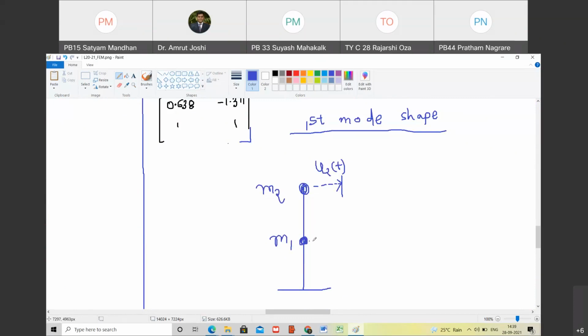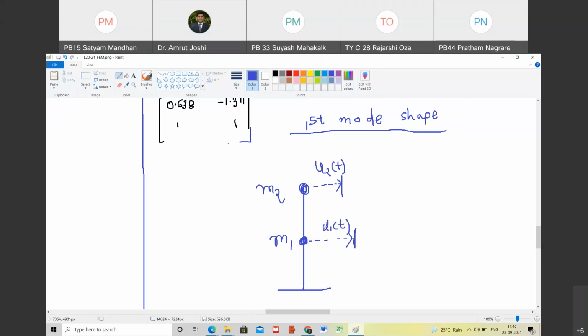Happy? Yes, sir. And u1 of t. Not necessary that u1 of t and u2 of t at a given instant of time will always be towards right. No. One may be towards right, another may be towards left, both may be towards left, vice versa. कुछ भी combination इसमें से हो सकता है. Are you with me? Yes, sir.